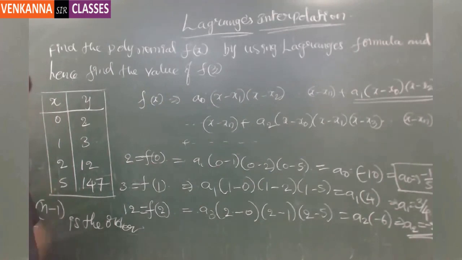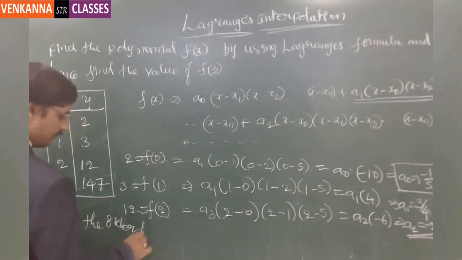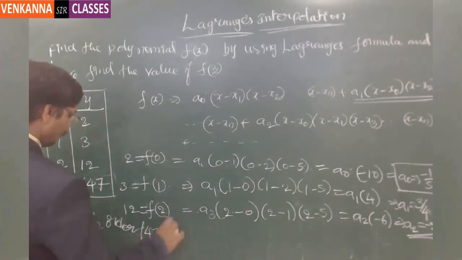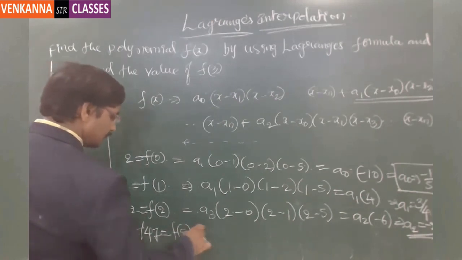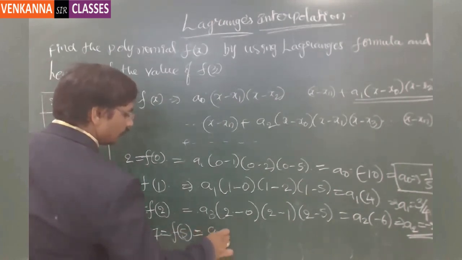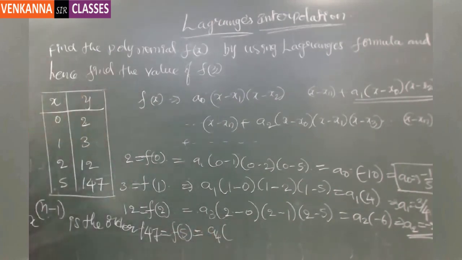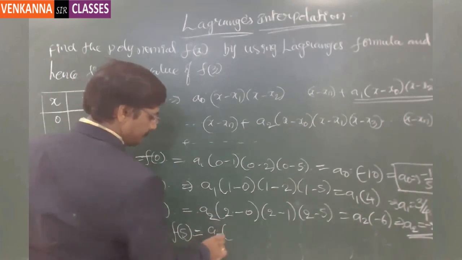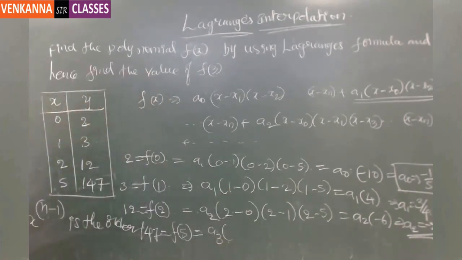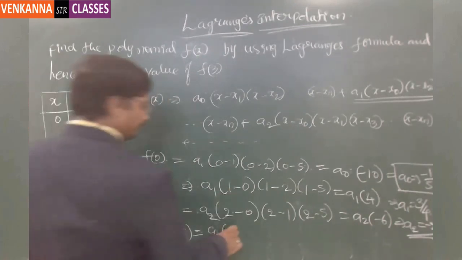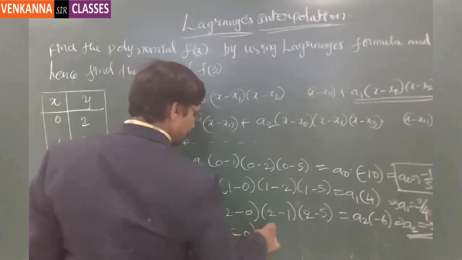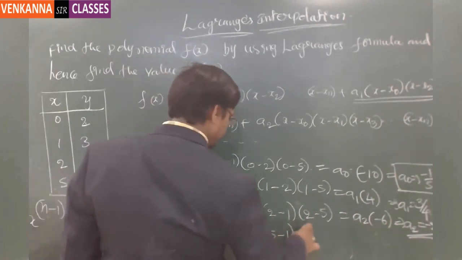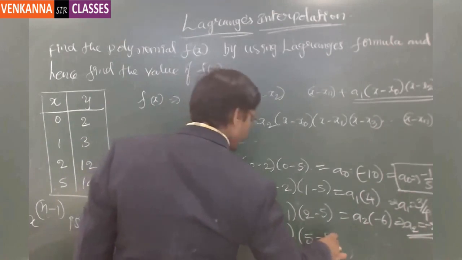Similarly, next value, this is 147 is equal to f of 5, and this value is equal to a3. Sorry, so this is a2, this is a3. So a3 gets multiplied by 5 minus 0, 5 minus 1, 5 minus 2.